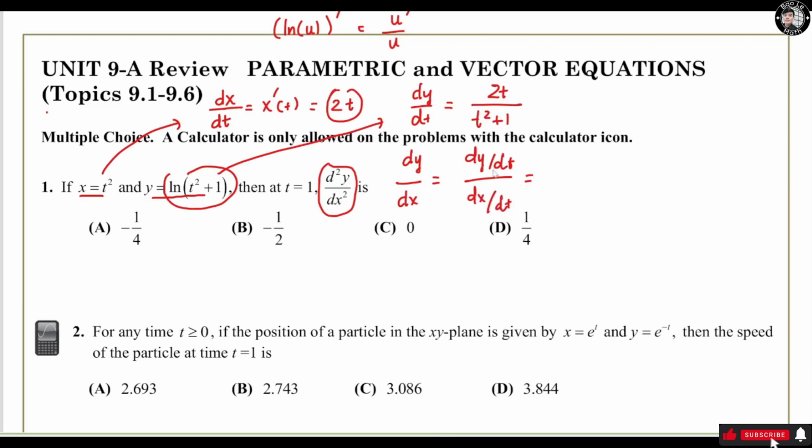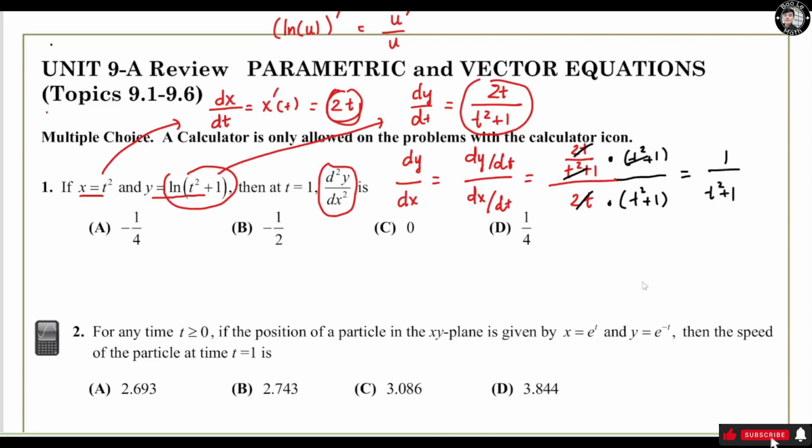Now dy over dt is right here, so you have 2t over t squared plus 1 divided by dx over dt, which is 2t. Now we multiply the top and bottom by t squared plus 1. This cancels out, and this cancels out, so we have 1 over t squared plus 1.